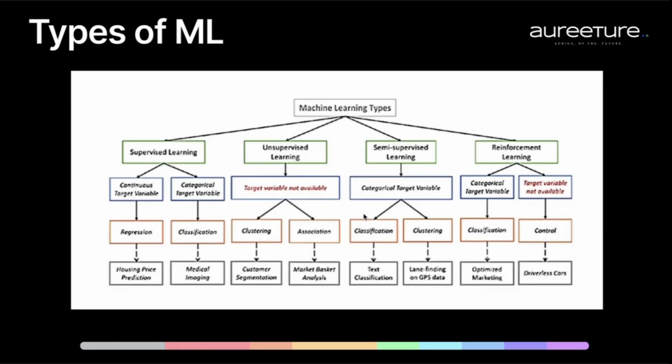So, semi-supervised learning works something like this. You have a mix of labeled and unlabeled data. Now, the question is, how does the model work with this? Given the initial labeled data, you train the machine learning model to learn the labeling, whether it be a classification task or clustering task or whatever.